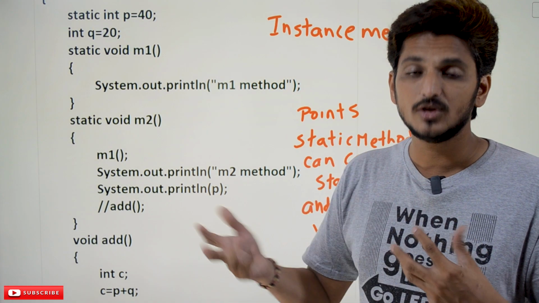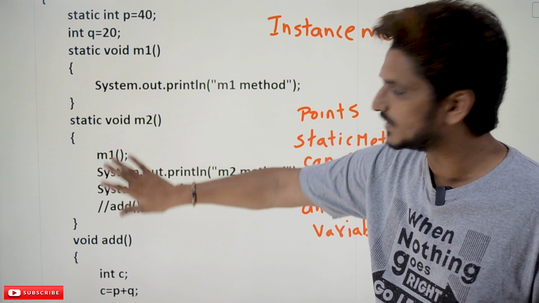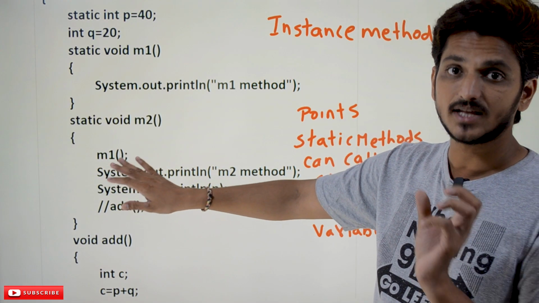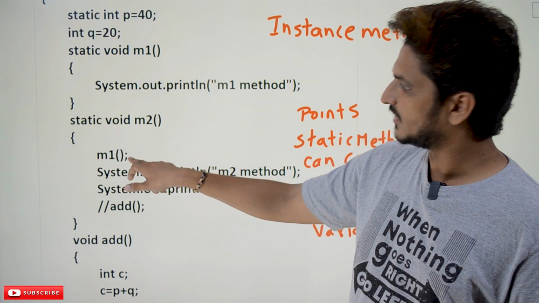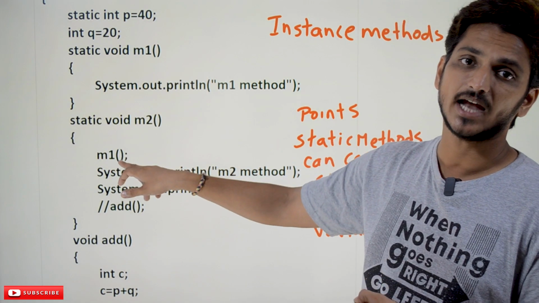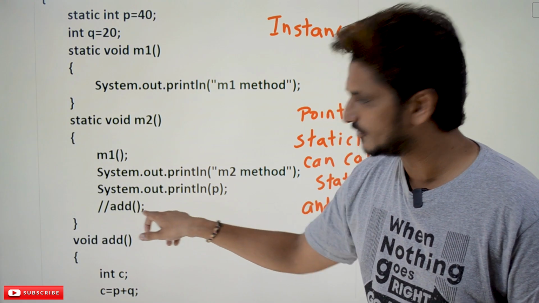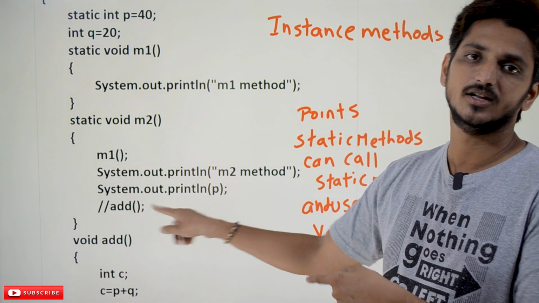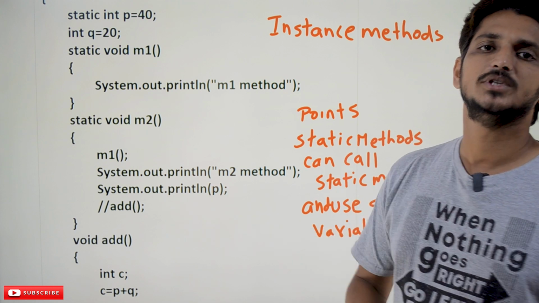Without creating that memory, you cannot use it. So m1 is accepted because it is a static method. Add is an instance method. It is not allowed here. This line is going to give you an error.